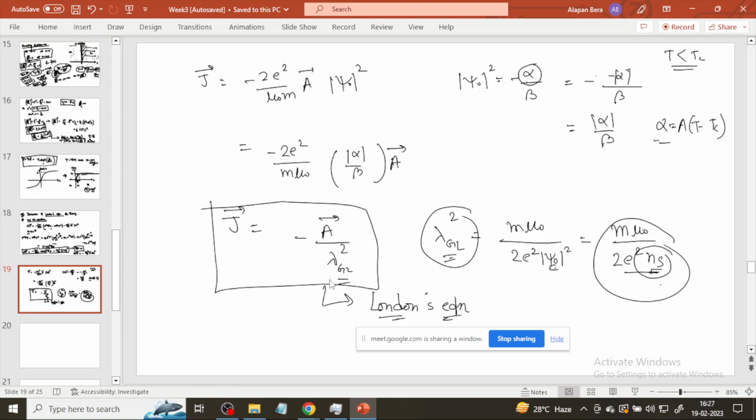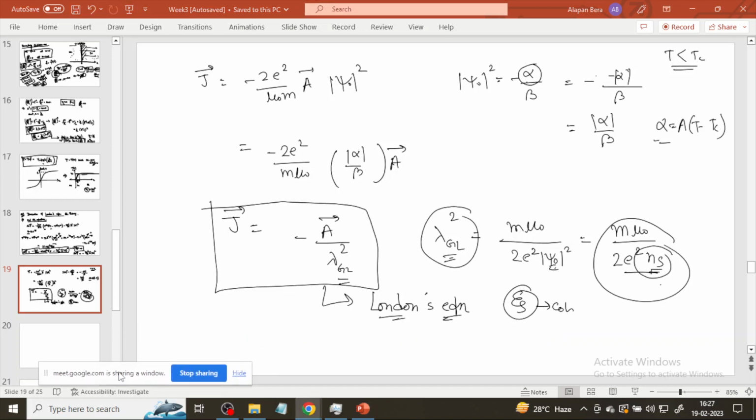length scale. Previously we got the length scale xi, which is called the coherence length. Now we have also got this lambda GL, which is also called the penetration depth.